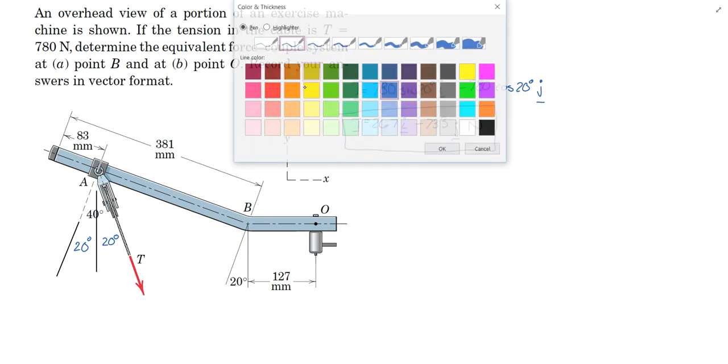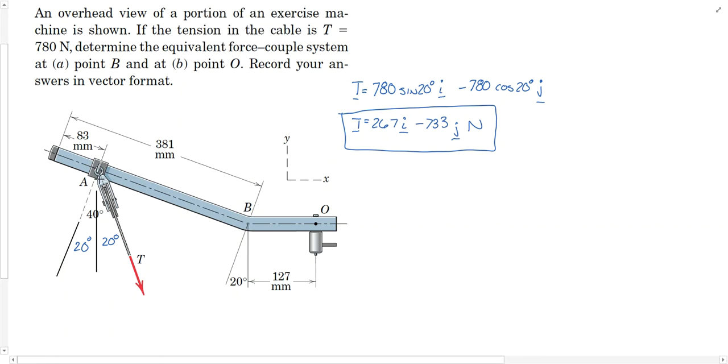And let's get some force arrows here. We can think about this tension acting through point A back here. It would have a component like this, perpendicular to the arm, and then a component parallel to the arm.